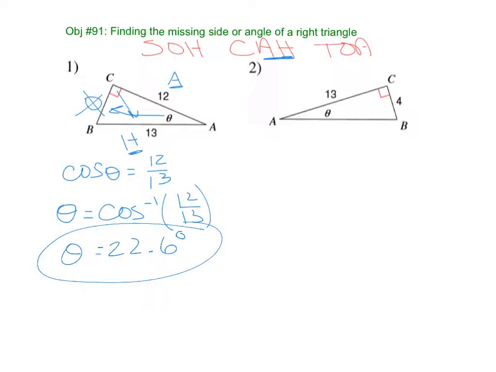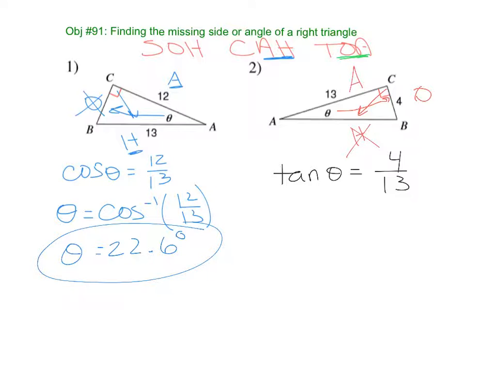All right, next one. Label our triangle. We have our H, we have our O, and we have our A. So this time we have O and A. O and A is tan. So tan of theta is opposite over adjacent. O is on top, A is on the bottom, 4 over 13.